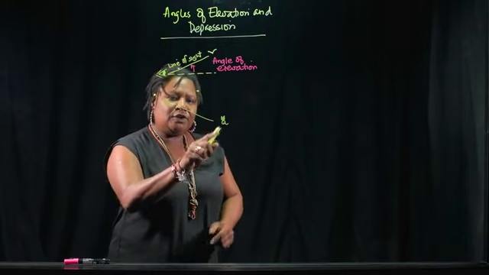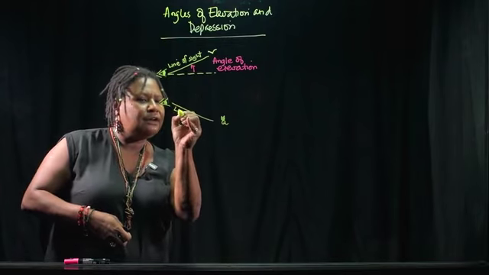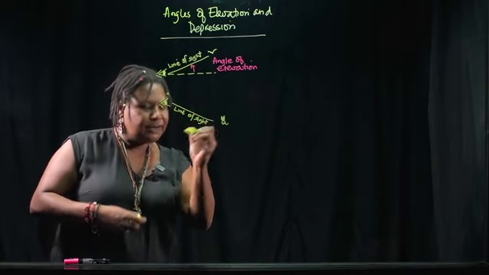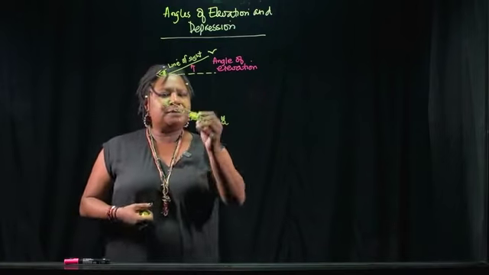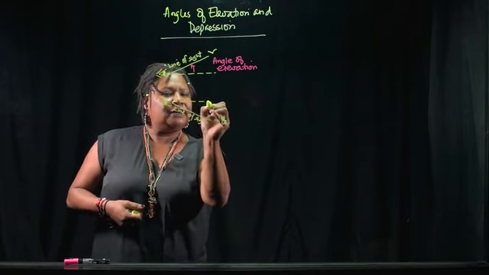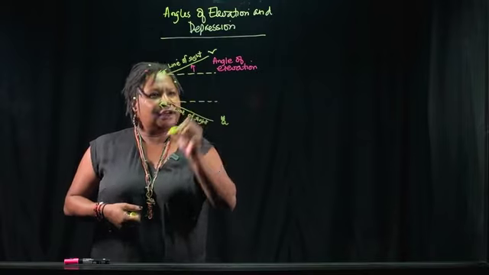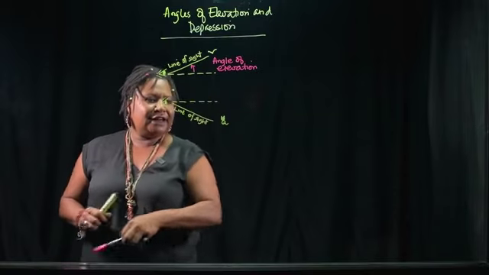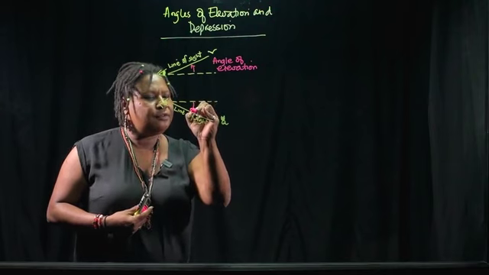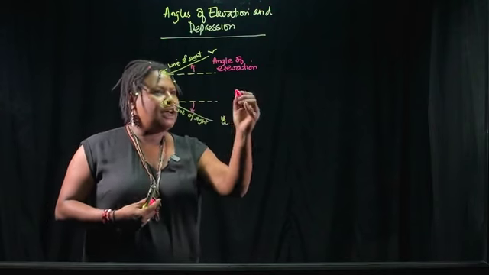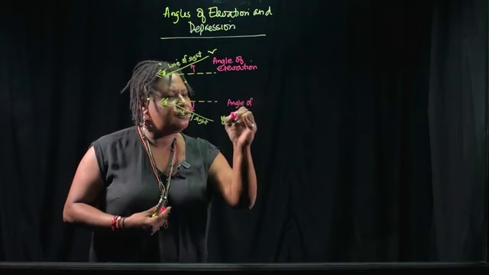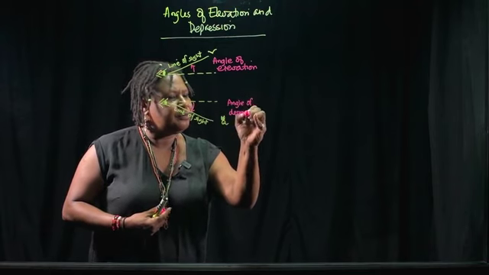This is now your line of sight, and your line of sight forms an angle of depression with the horizontal. So there's your angle of depression.